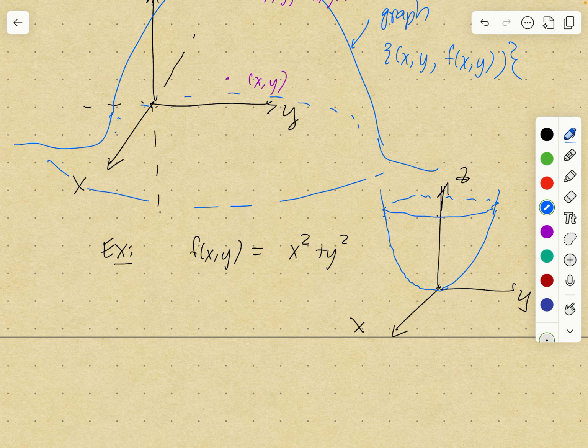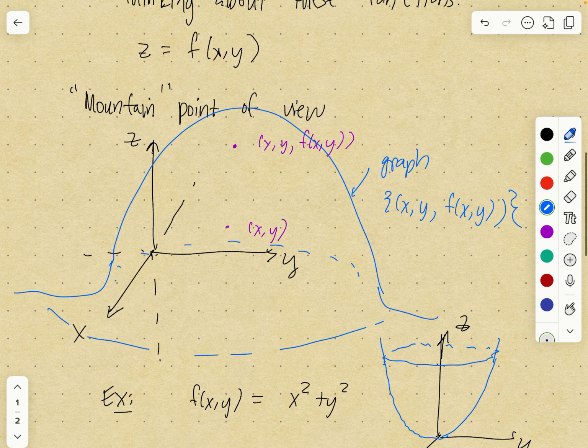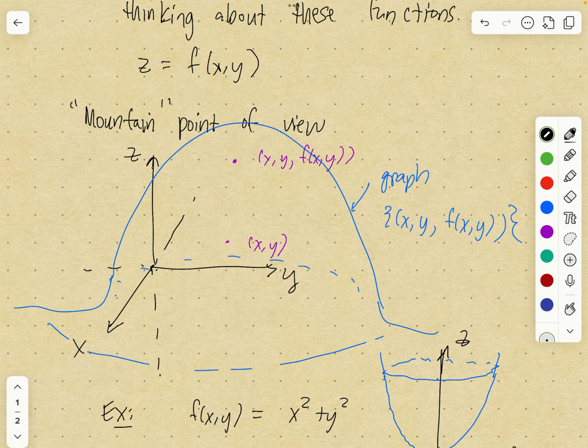You're looking at the graph of the function, and it has a certain shape. Like it could be a sphere. Well, it wouldn't be a sphere if it's the graph of a function, but it could be a bowl kind of thing. It could be just any sort of surface that's the graph of a function. Okay, so that's the mountain point of view.